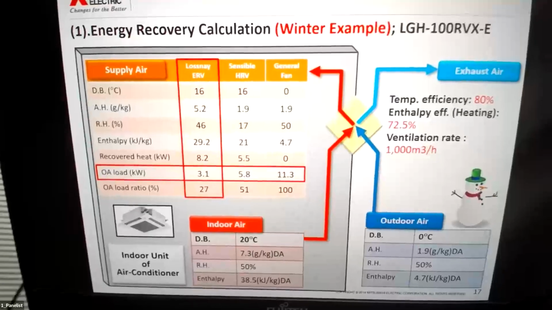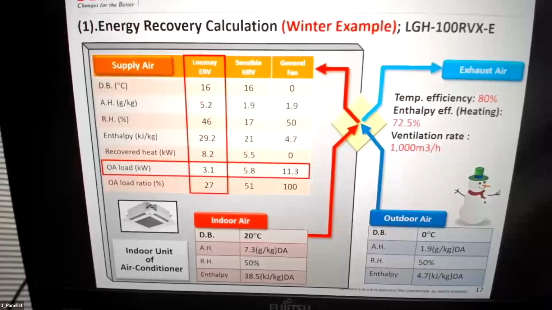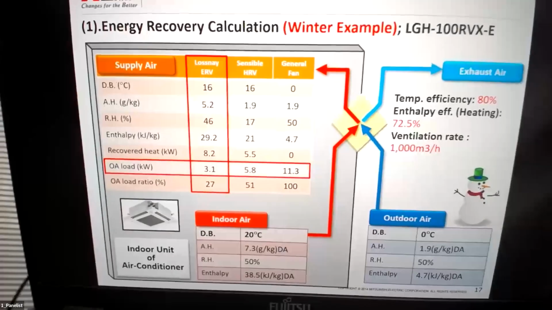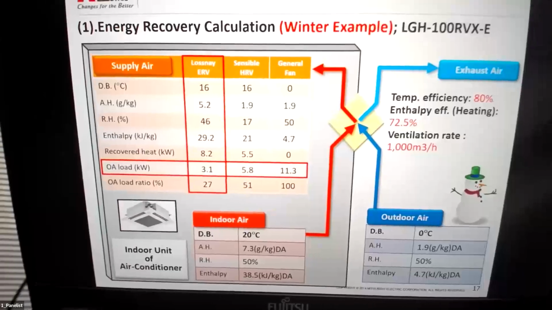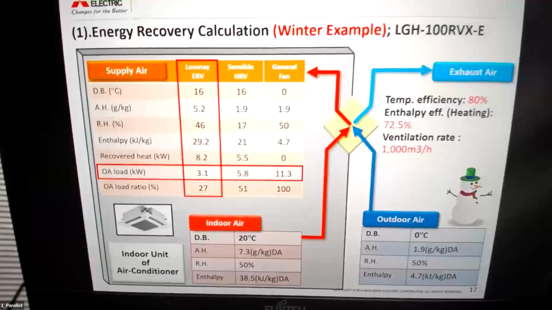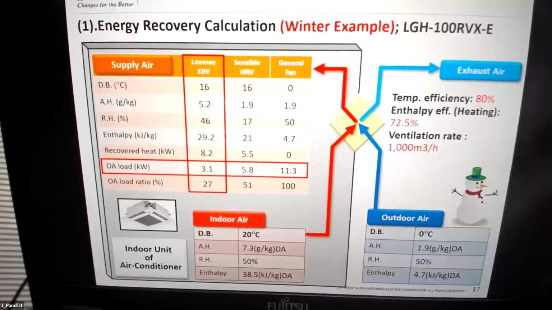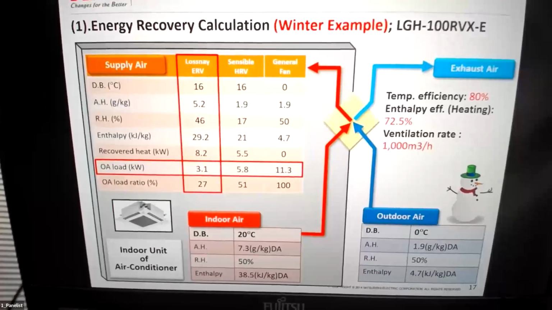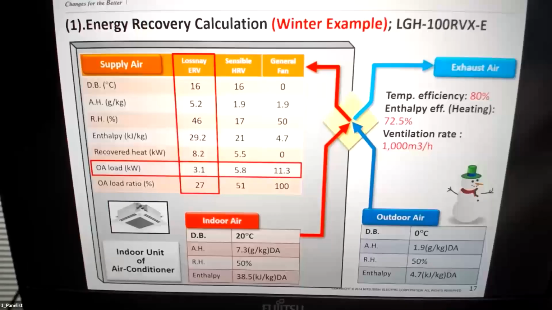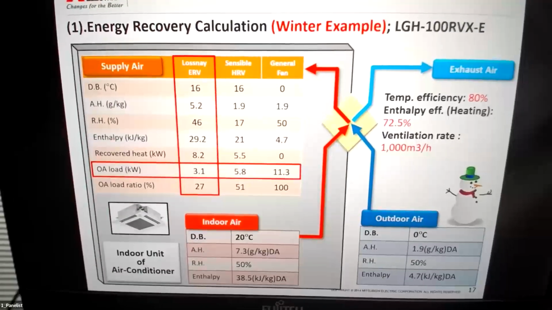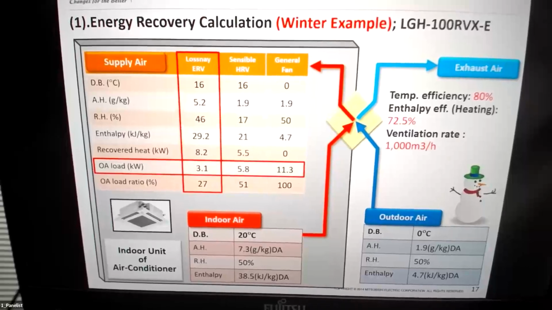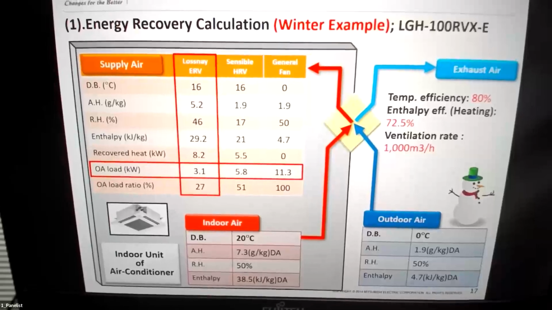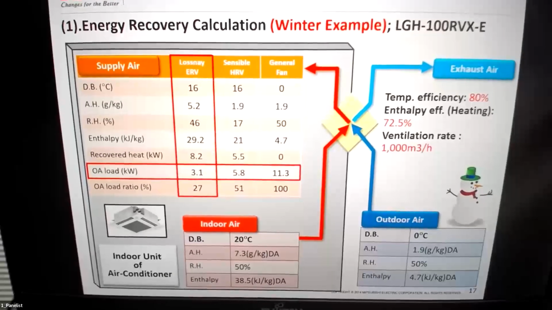However, colder than -10 Celsius, it changes into intermittent operation. So supply air volume, supply ventilation stops with some interval to avoid the frost problem of the heat exchanger inside the unit. Because temperature and humidity recovery efficiency is high, cold climate operation is very tough for the paper-based heat exchanger.